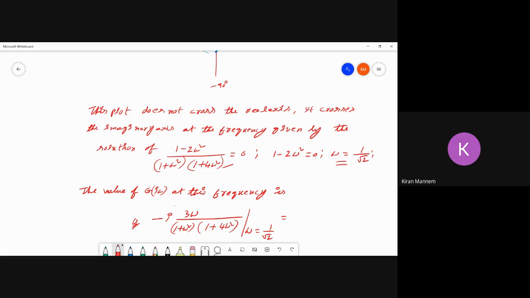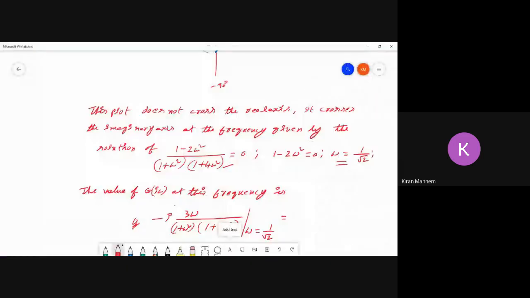Any answers? No. It would be minus j 0.471, right? So this is the crossover point.